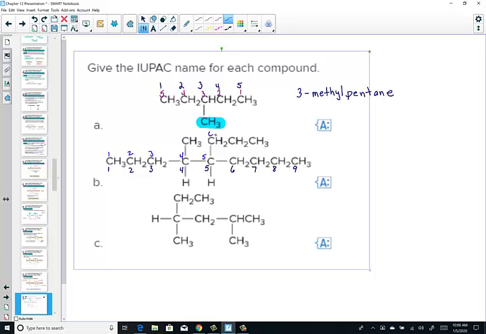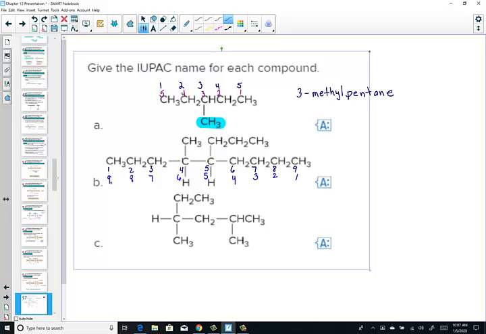What if I go up? 6, 7, 8. Well, that's not longer than 9, so that's not the correct direction. How about 1, 2, 3, 4, 5, 6, 7, 8, 9.